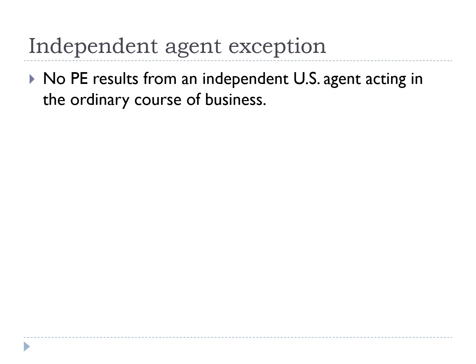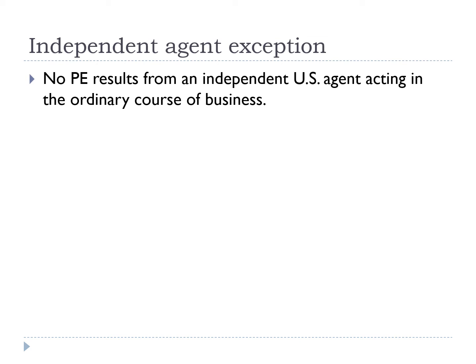As I mentioned in the previous slide, an independent agent usually does not create a PE in the United States. Under this exception to the general rule, an enterprise will not have a PE merely because of an independent U.S. agent acting in the ordinary course of business.